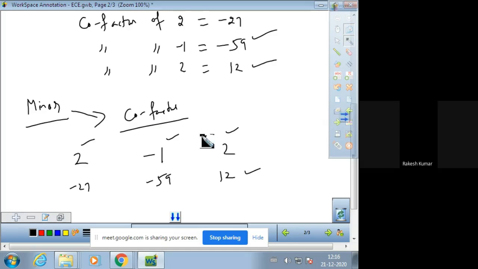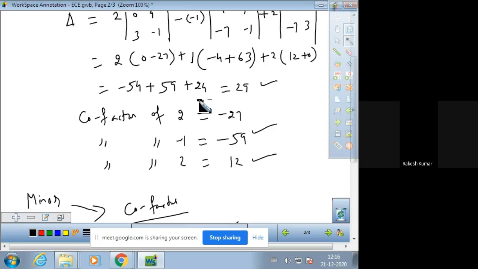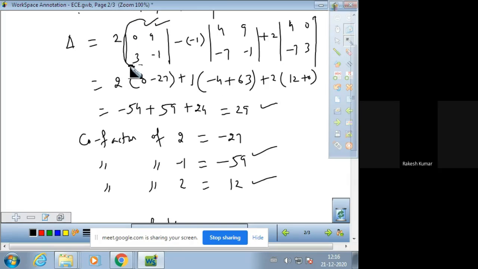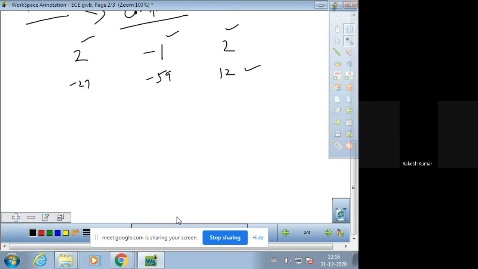So the corresponding 2 by 2 determinants that we get, we call them minors. This one, this 2 by 2 determinant, is named a minor. This is the minor of 2, this is the minor of -1, and this is the minor of 2 again. So in this way you will be able to find the minors of a matrix.